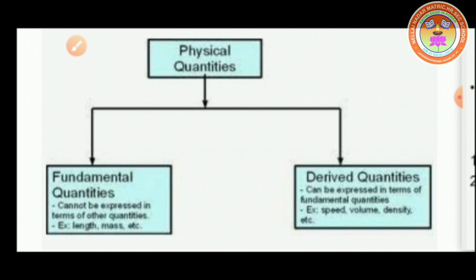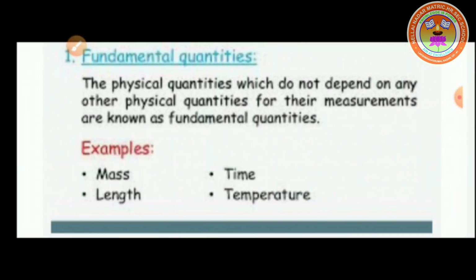So what is a fundamental quantity? The fundamental quantity is nothing but the physical quantities which do not depend on any other physical quantities for their measurements. Already you know the meaning of measurement, isn't it? It is used to measure something, whether it is the length of an object, the mass, the area or the volume of an object.